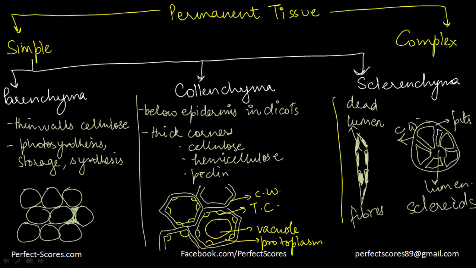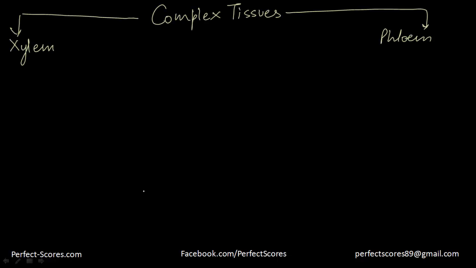The next thing we have to do is go to the complex tissues, that is the xylem and the phloem. So these are the two kinds of complex tissues, xylem and phloem. The basic purpose of xylem is to carry water and minerals from the roots to other parts of the plant.